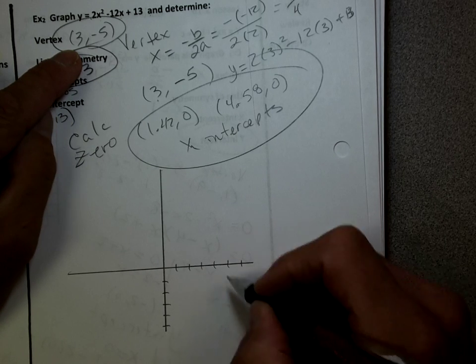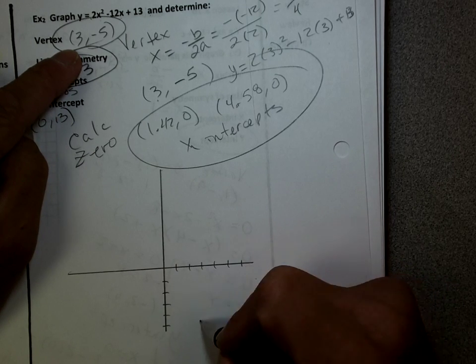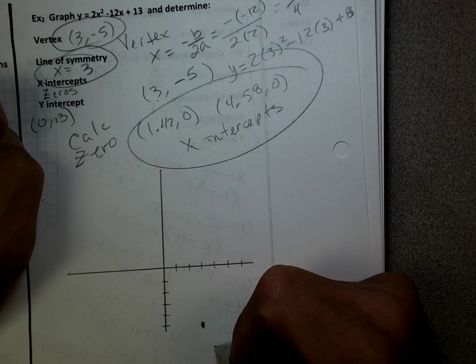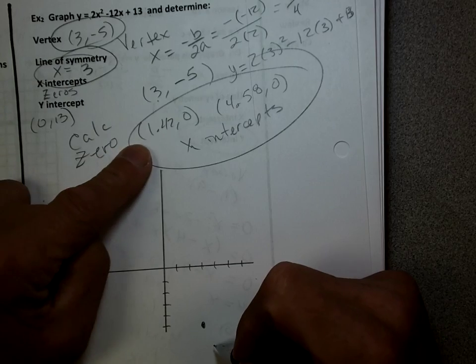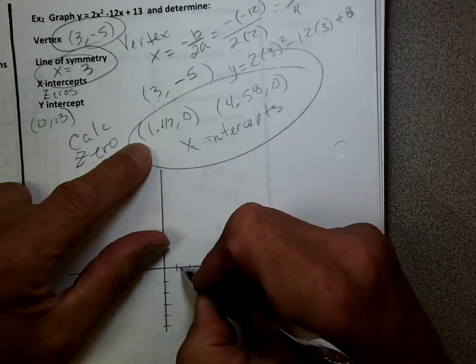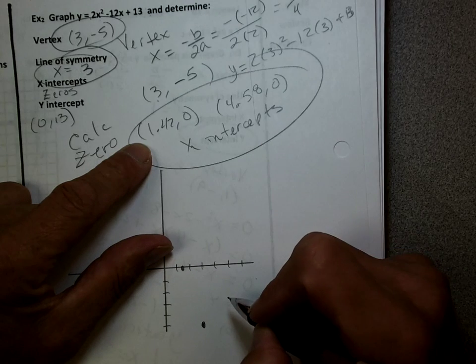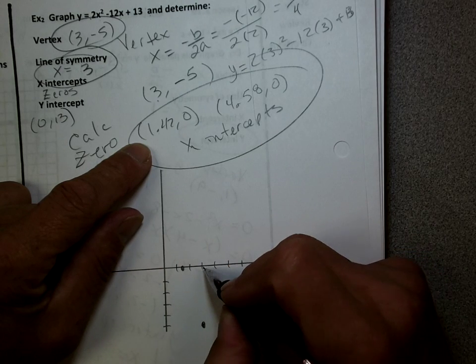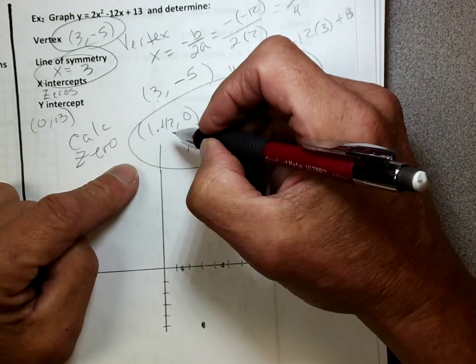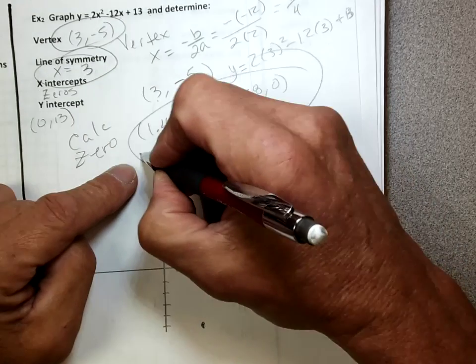I suppose if you had graph paper that'd help, but 3, -5 is about there, okay? My x-intercepts or my zeros are at 1.4, maybe about there, and 4.58, maybe there. I've got a y-intercept way up at 13. Well, I'll just guesstimate. We'll just call that 13.